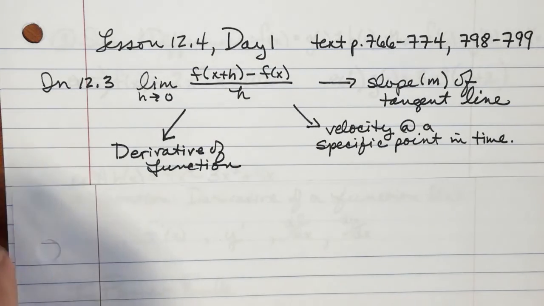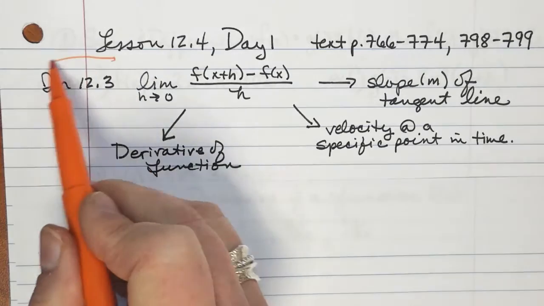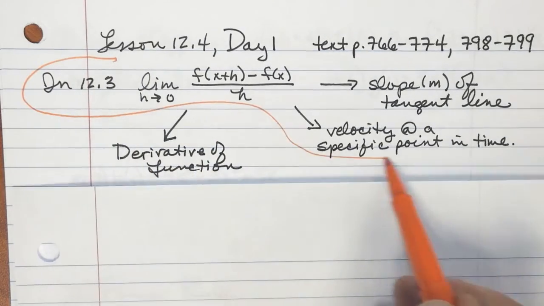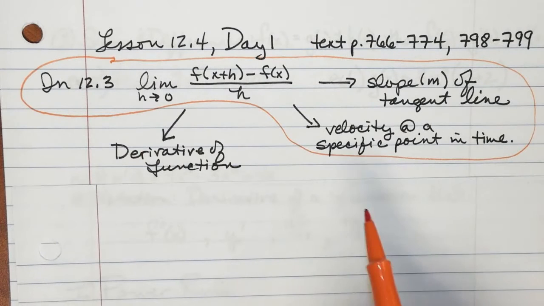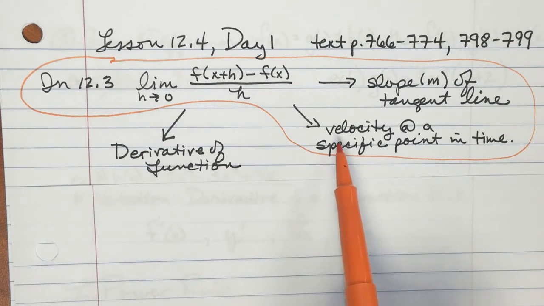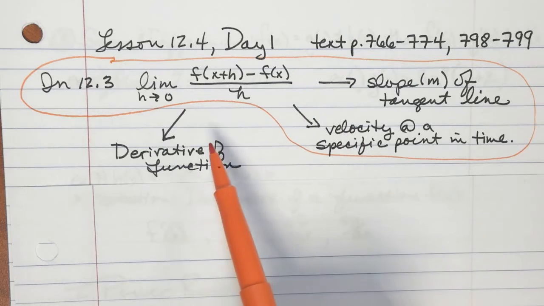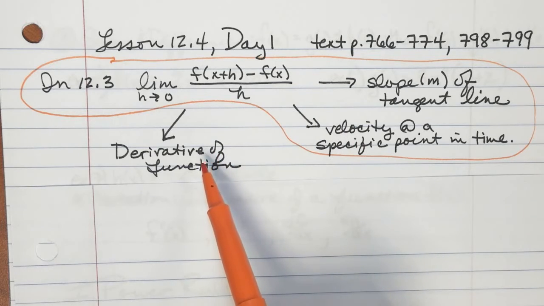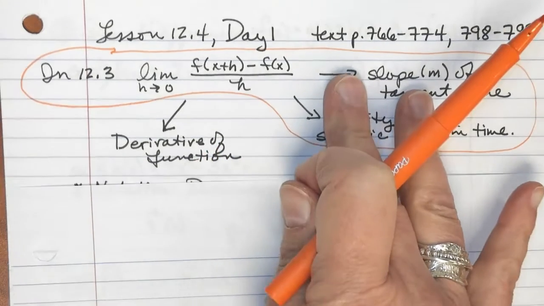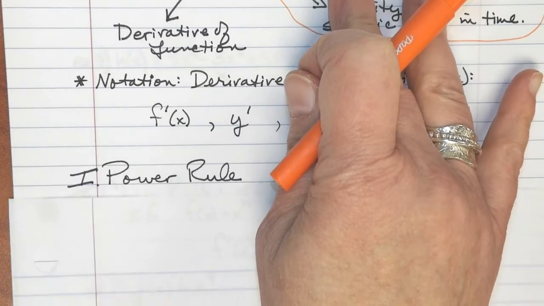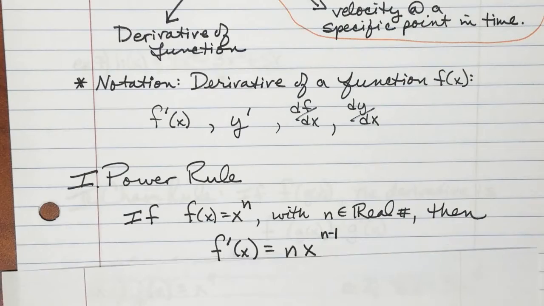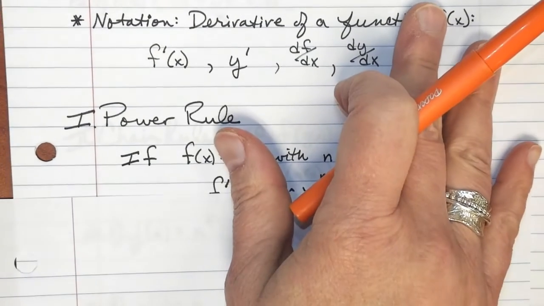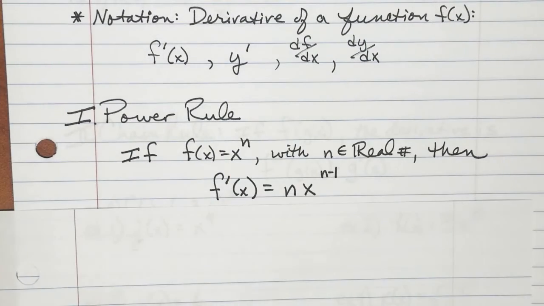But I just want to let you know that in 12.3 we are going to touch on those things right there. But there's a shortcut to doing this, and it's with the derivative that they teach you in 12.4, and that's why we're going to show you this first. So I'd like you to pause the video for a minute and copy that down, and then we will talk about it.